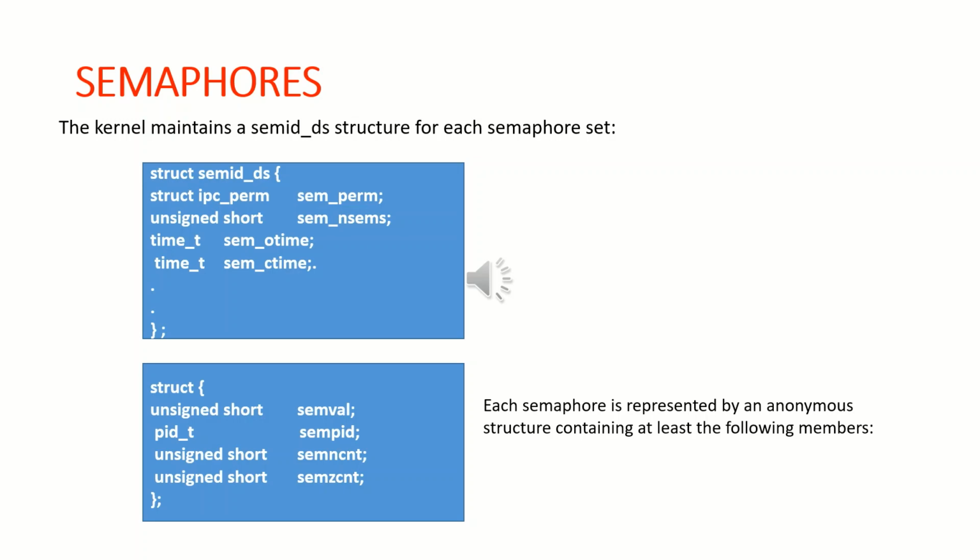A pid_t sempid is the process ID of the last operation. An unsigned short semncnt is the number of processes awaiting semval to be greater than the current value. An unsigned short semzcnt is the number of processes awaiting semval to be equal to 0. Till then, they have to keep waiting.